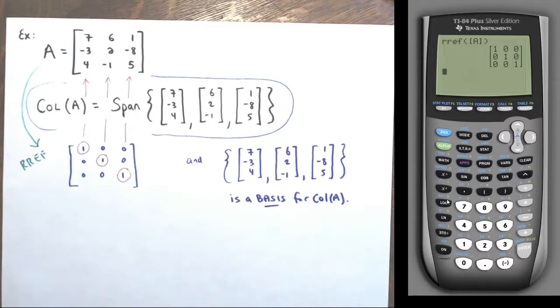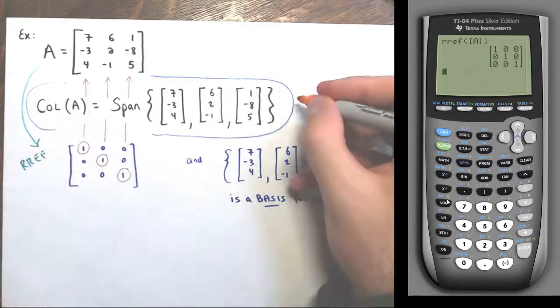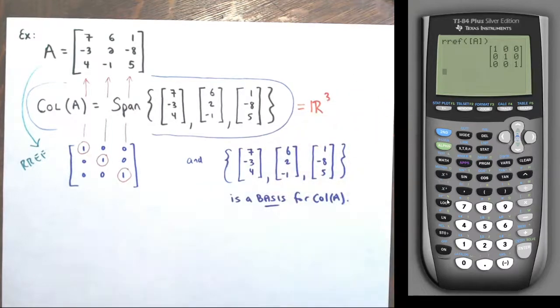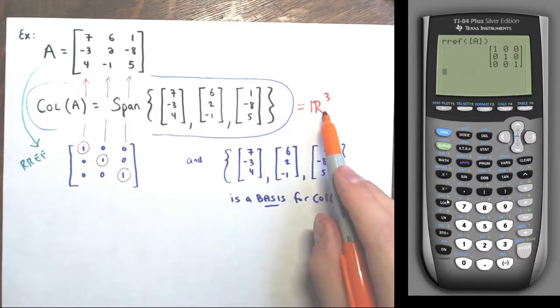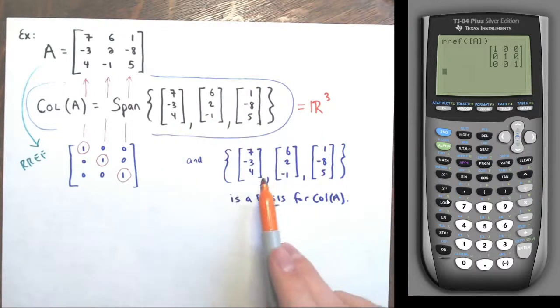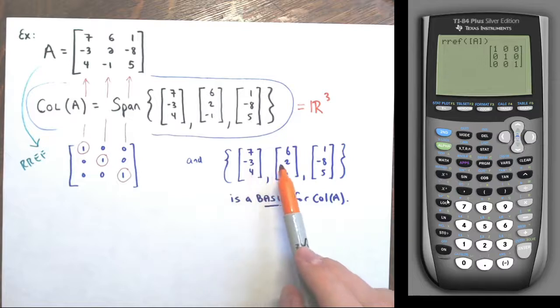So, in fact, the column space of A is all of R3. Right, kind of like the first example was all of R2 that I showed you today. So you could take any vector from R3 you wish, and it can be written as a linear combination of these three, right? And these three are independent. So these three vectors are some nice building blocks for R3.